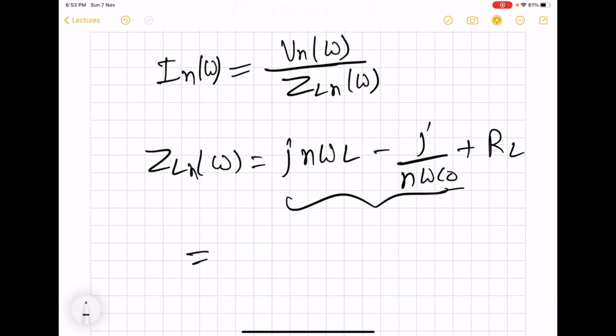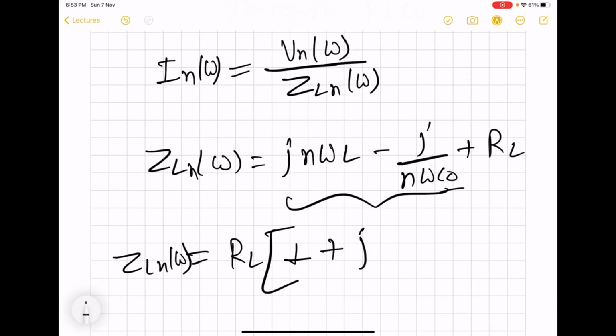In fact, now we can write this impedance in terms of the quality factor. We can take RL common, so this is RL times 1 plus j n omega L by RL minus 1 by n omega C0 RL.